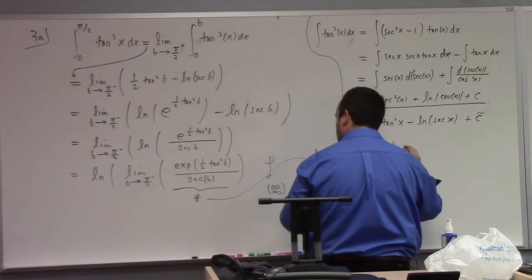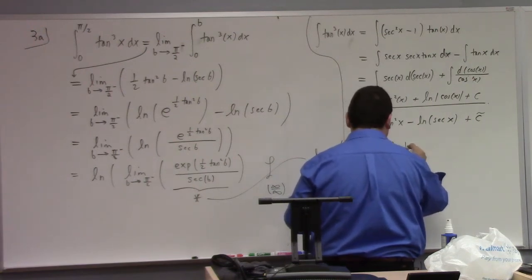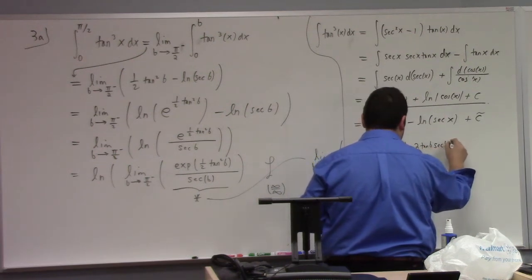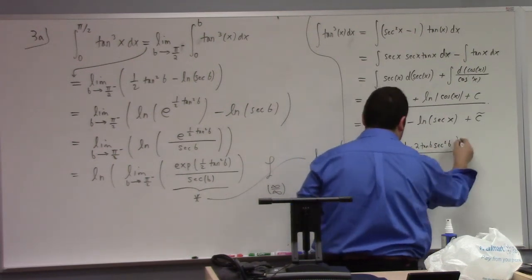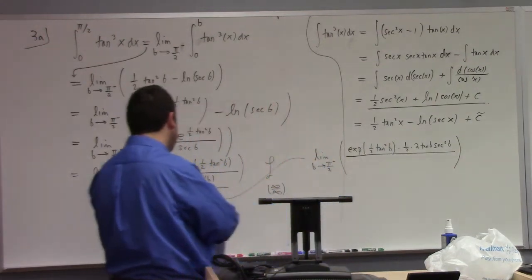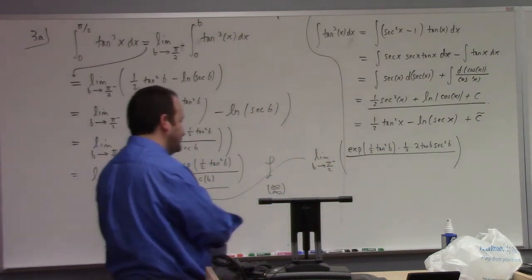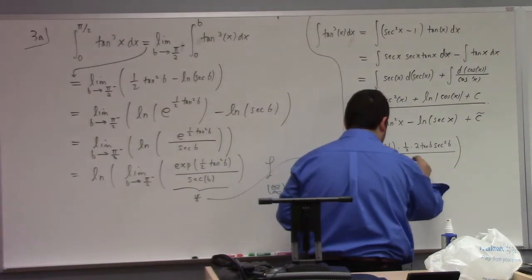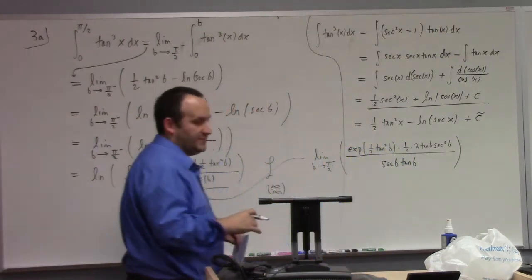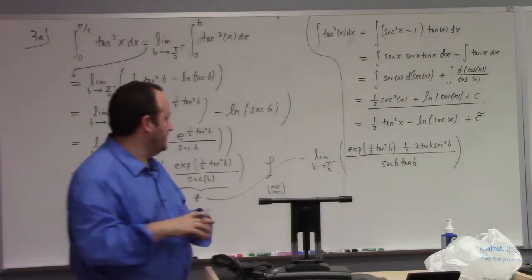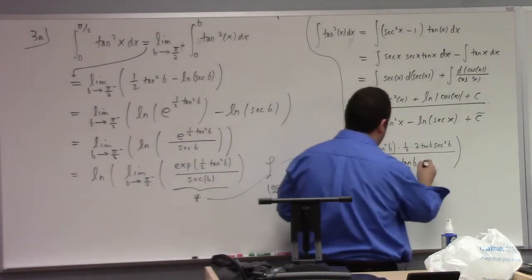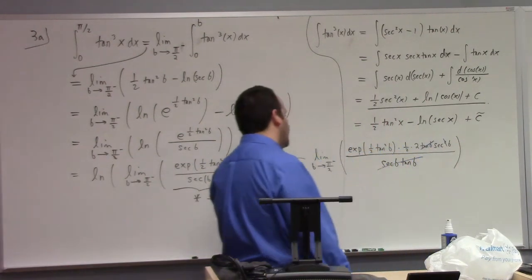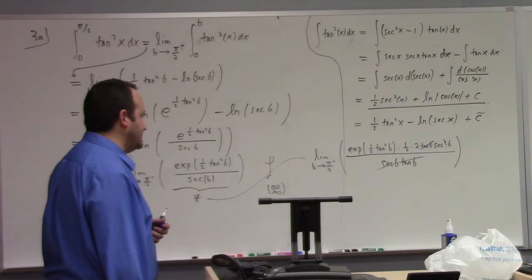Derivative of tangent squared b is what? 1/2 times 2 tangent b secant squared b divided by what? Secant tangent, right? Hey, I think we're finally going to put an end to our suffering here. So, cha-cha, cha-cha.